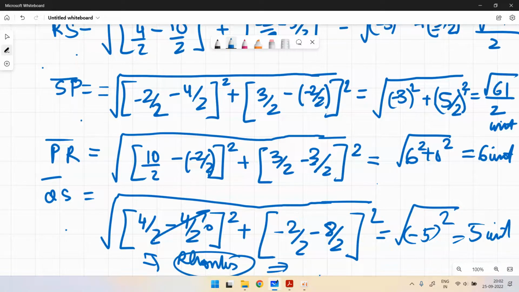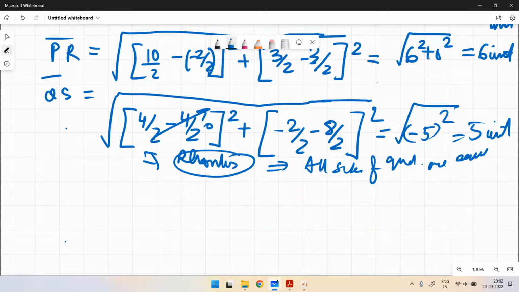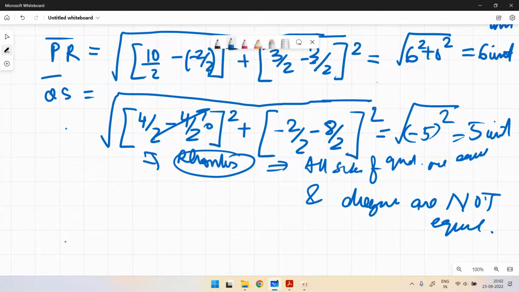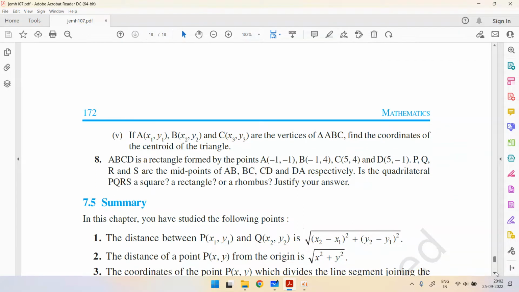Because all sides of the quadrilateral are equal and diagonals are not equal. This is the answer. So with this, I have completed coordinate geometry of class 10 mathematics.